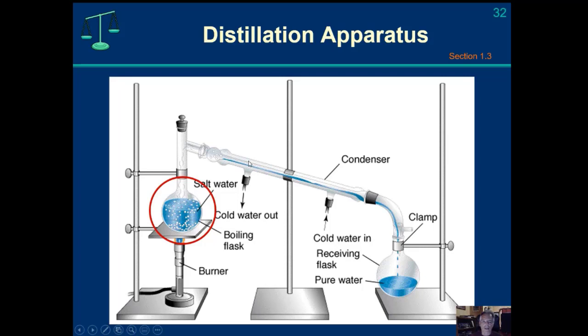This is just like a radiator in your car. We're going to run cold water, and there's an outer and inner space in this condenser unit, and the cold water that you run up is in the outer portion of the condenser, and heat is extracted from the vapor.